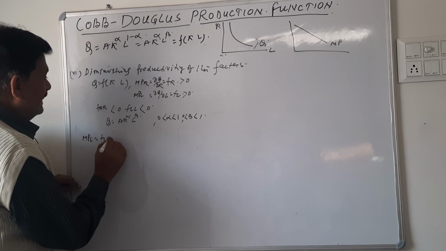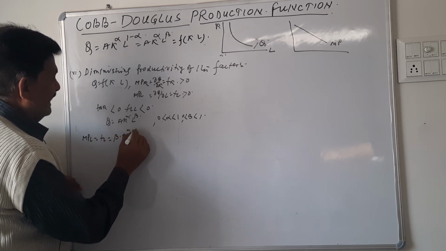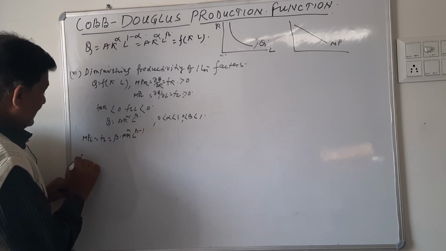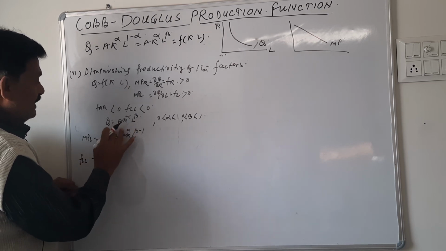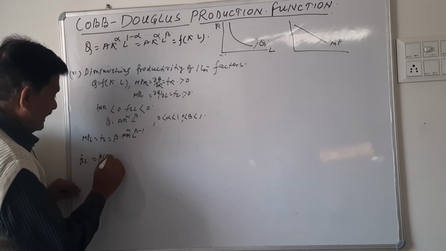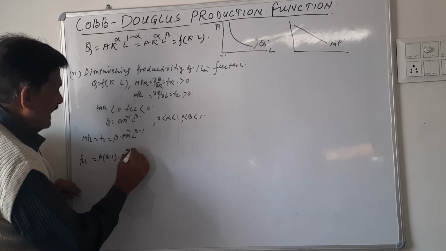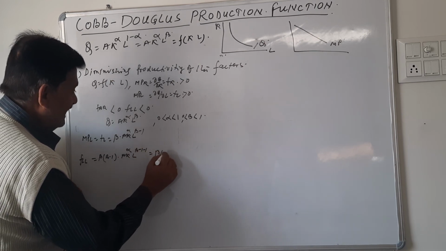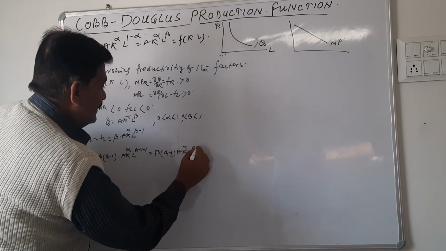So MPL is beta A K to the power alpha, L to the power beta minus 1. For FLL, once again this entire expression has to be differentiated with respect to L. So beta into beta minus 1 A K to the power alpha, L to the power beta minus 2.